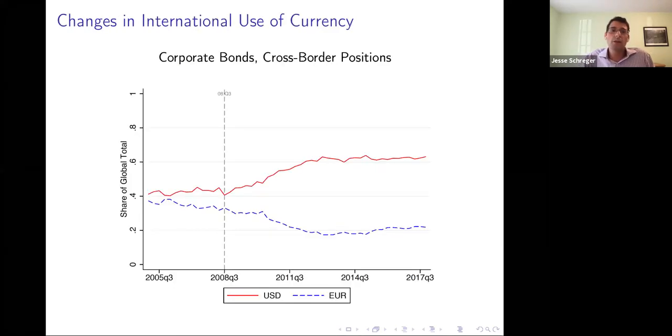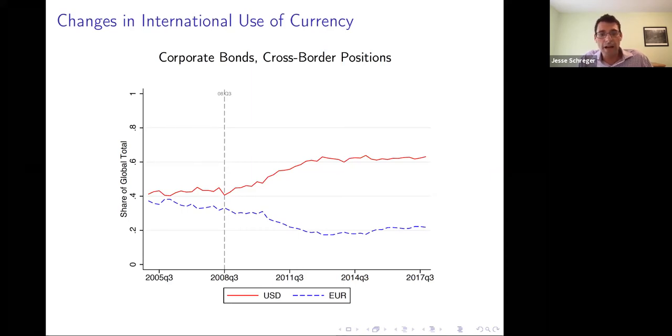So now this raises the question of how much this international currency use can change over time. Matteo alluded to this in his introduction when he mentioned the long history of the international monetary system. But one remarkable thing that we document, just looking over this recent period, is the extent to which the cross-border use of currencies has changed just over the last 15 years.